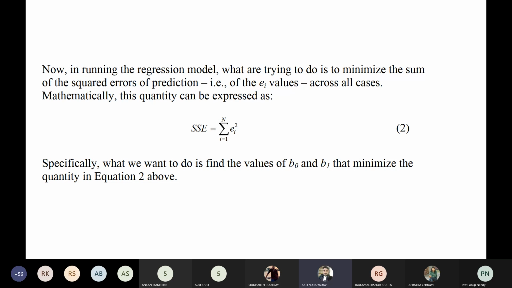Sir, maybe because we have to differentiate it and the modulus function is not differentiable at every point. Yes, very good. That is the answer I was looking for.